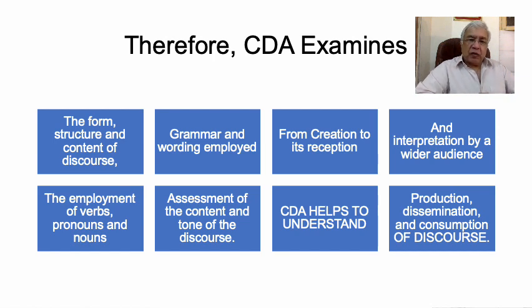I mean, what words with respect to verbs and pronouns are being used, whether the pronoun is third or first person, or the verb is passive or active. In the same way, assessment is done on the basis of the content and the tone of the discourse. The content may be there always, but the tone of the discourse is different most of the time. CDA helps all these to be understood by the people. So in this way, the production, dissemination and consumption of discourse also come under CDA. So that is the way CDA works, and these are the things which are used in order to continue with that.